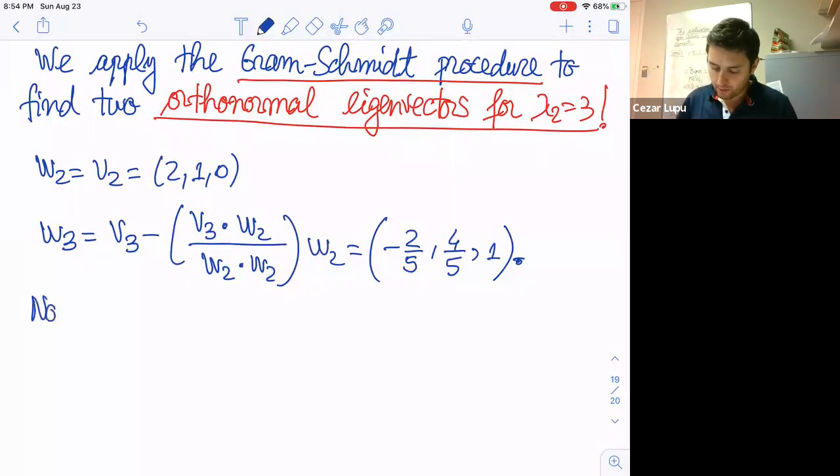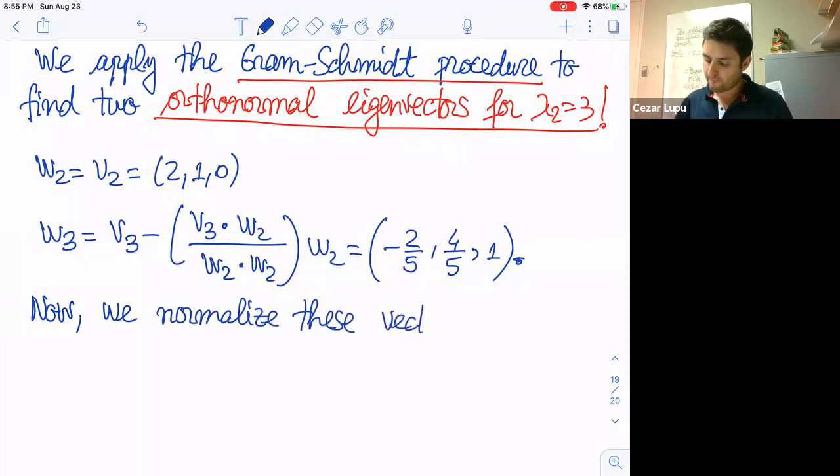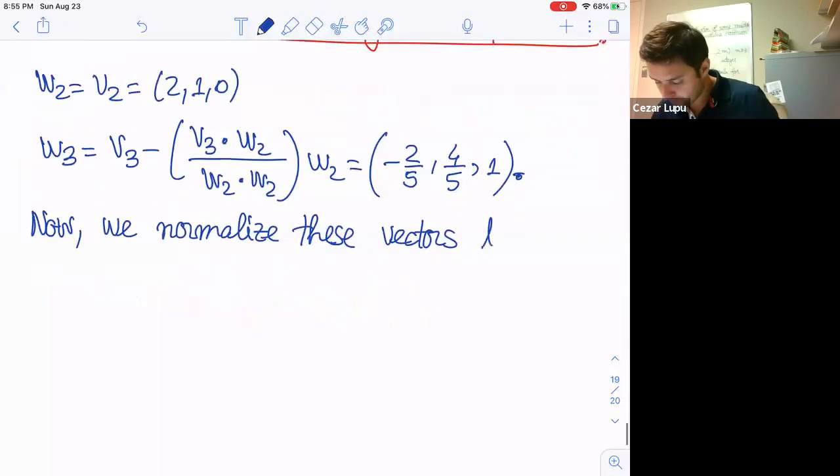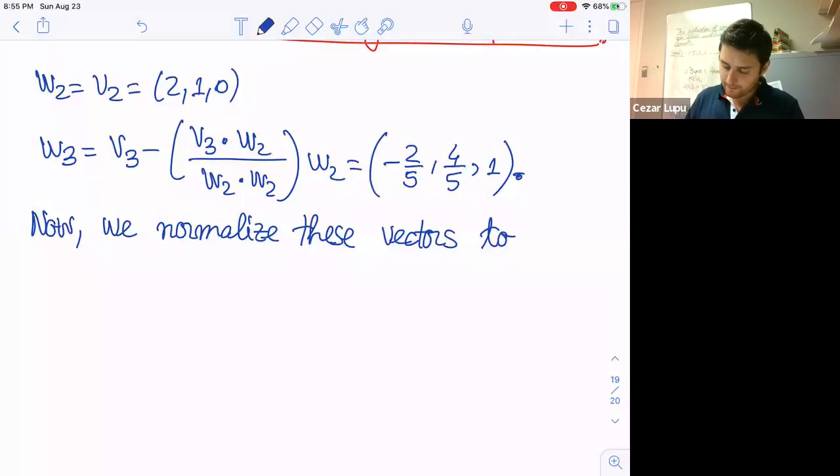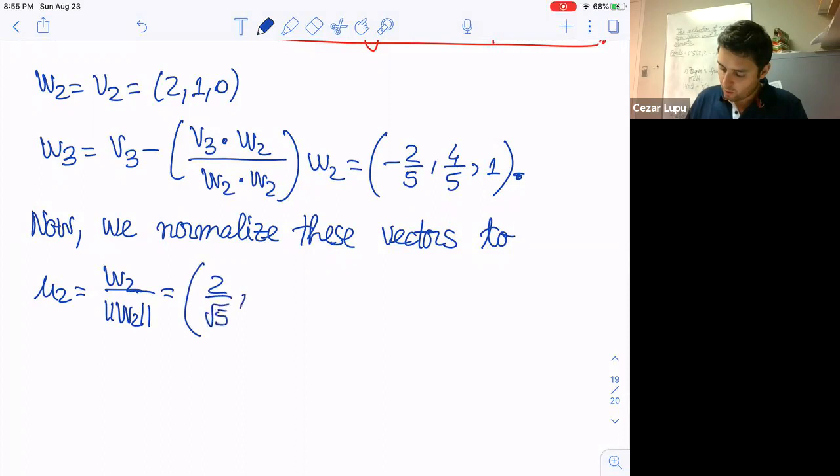We normalize them to the following. U2 will be W2 divided by the length of W2, which will be 2 over square root of 5, 1 over square root of 5, and 0.